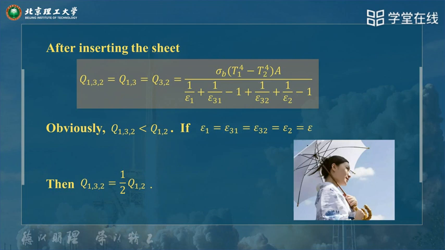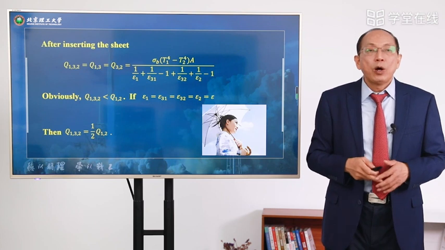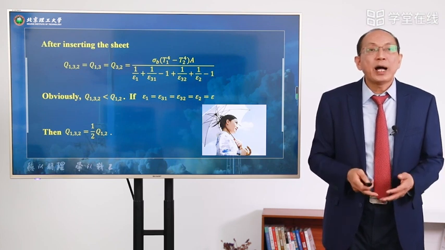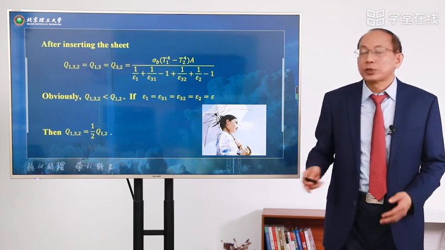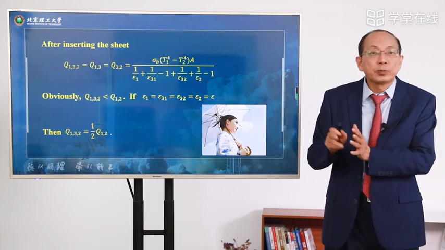However, the denominator becomes 6 terms: 1 over epsilon 1 plus 1 over epsilon 3,1 minus 1 plus 1 over epsilon 3,2 plus 1 over epsilon 2 minus 1, which is 6 terms. Obviously, Q1-3-2 is smaller than Q1-2. It becomes smaller.